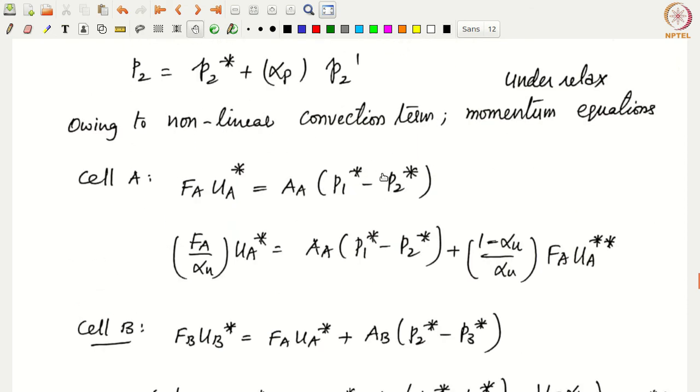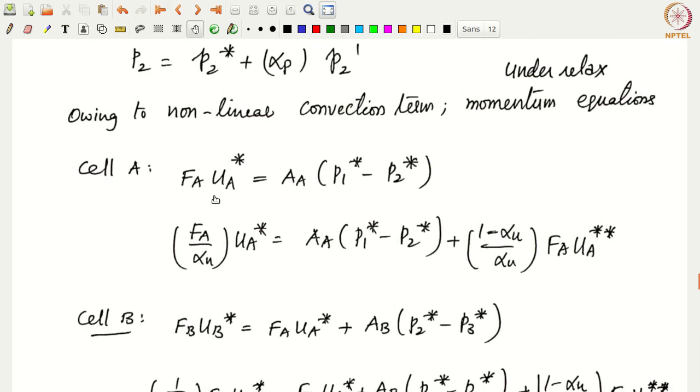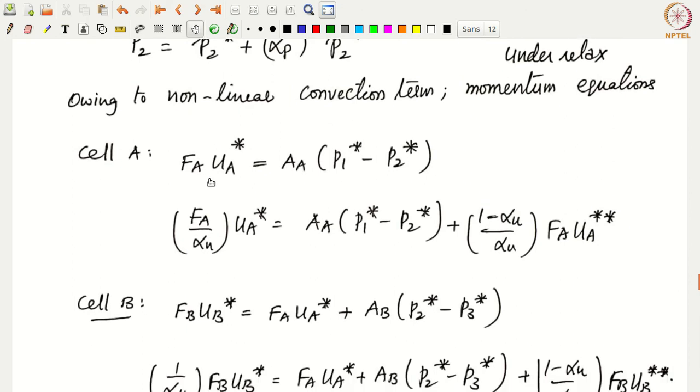So now how do we under relax the momentum equations? The original momentum equation, the star equation, is FA UA star equals AA times P1 star minus P2 star. If you are to under relax, then you divide this by alpha and add an extra term on the right hand side. This becomes FA by alpha U times UA star equals AA times P1 star minus P2 star, plus you get 1 minus alpha by alpha times this quantity, that is FA UA star star.